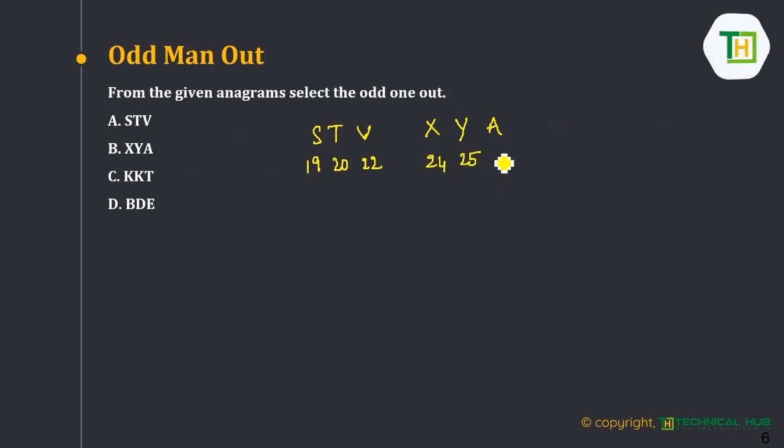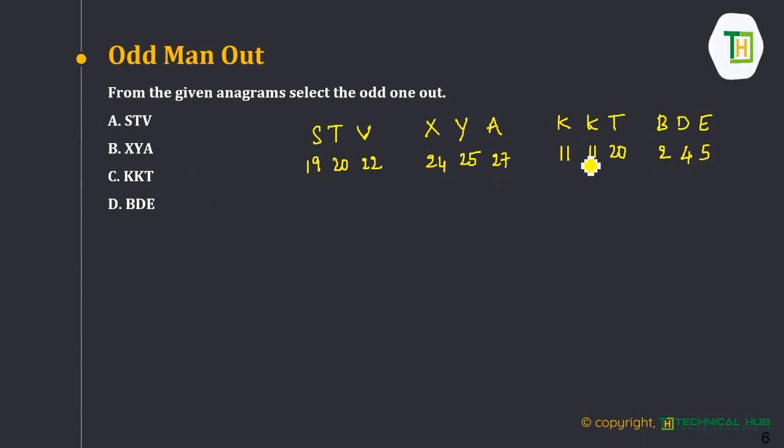So I can write A as either 27 or 1. Since they are 24, 25, I'll write A as 27. Coming to K, K and T, it is 11, 11 and 20. And coming to B, D, E here, B is second, D is 4, E is 5.